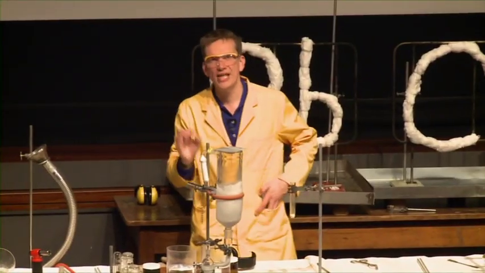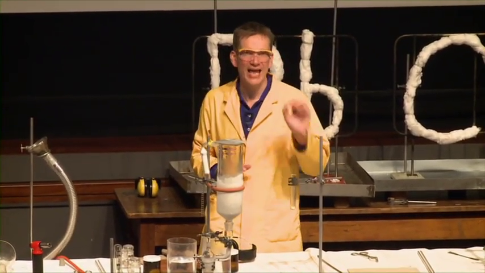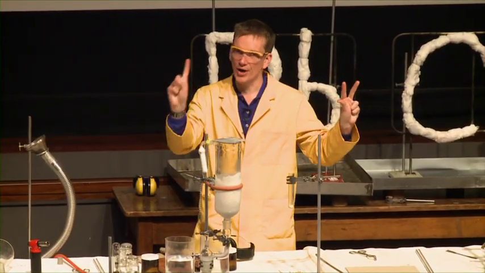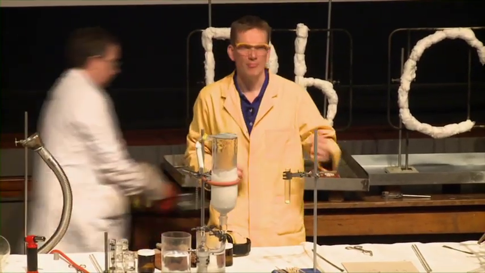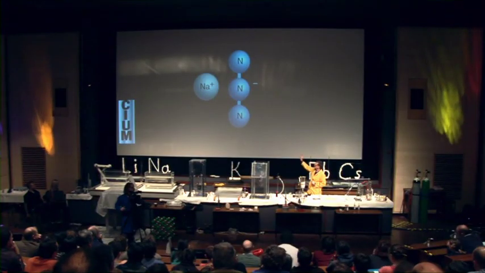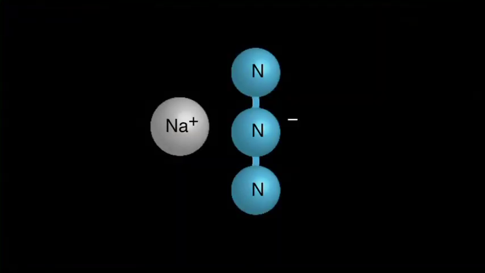Before, we saw the lithium nitride, and this had the chemical formula Li3N. So there were 3 lithiums and 1 nitrogen. Well, the compound that we can make between sodium and nitrogen, not by directly combining the elements though, is called sodium azide, and this has 1 sodium and 3 nitrogens.